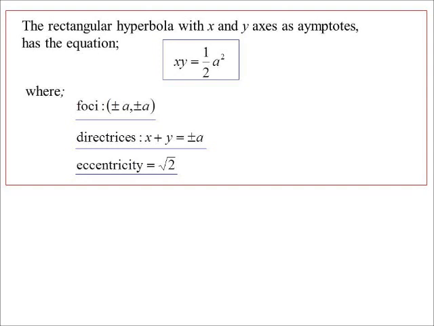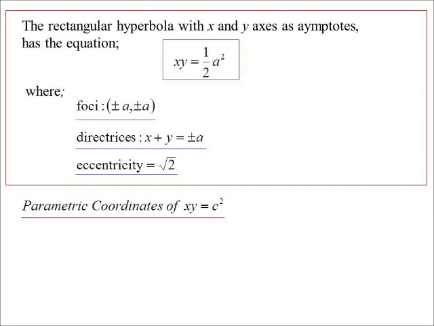And once we know what a is, we know the foci will be at plus or minus a, plus or minus a. The directrices will be x plus y equals plus or minus a. And the eccentricity is always the square root of 2.